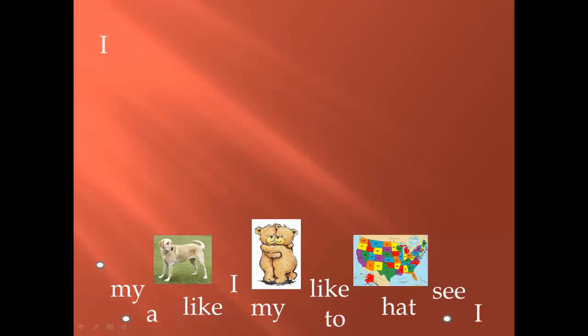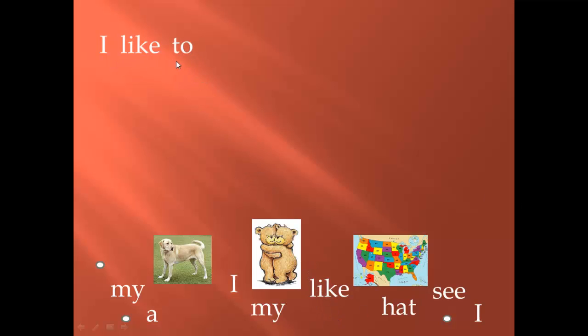Remember, like is spelled L-I-K-E. Find the word like. You should be pointing to either this like or this like. I'm going to take this one. So you have I like to. Find the word to. To is spelled T-O. It's our only one in there.